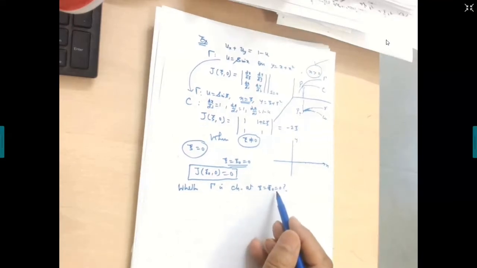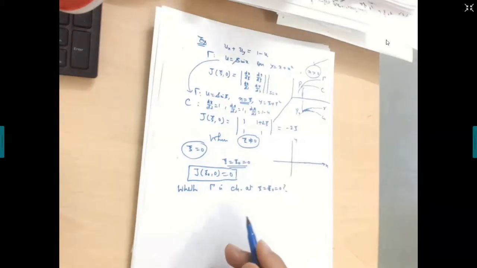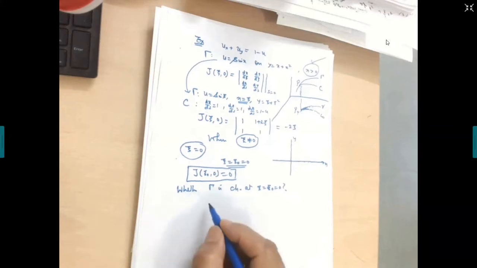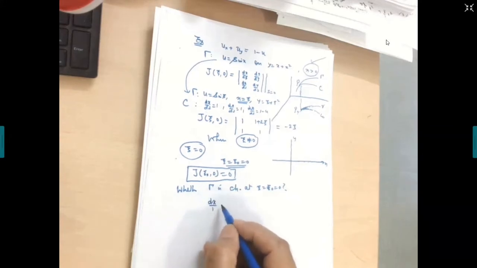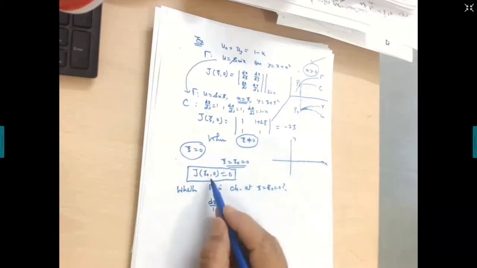So when xi is equal to xi naught, not equal to 0, what happens to the solution? Can you tell me quickly what the solution is? Lagrange's method gives it faster, because J is not equal to 0.